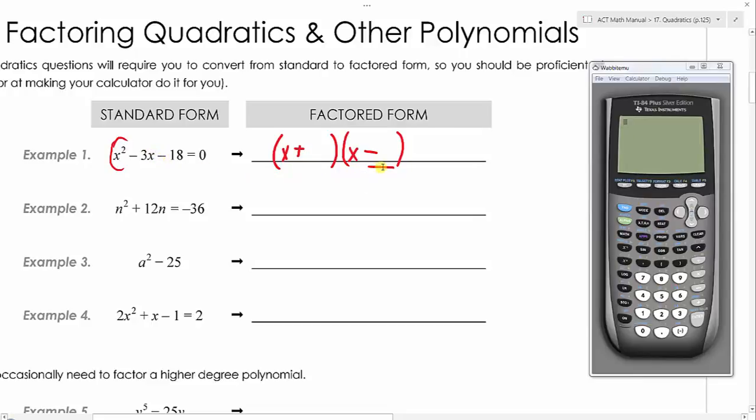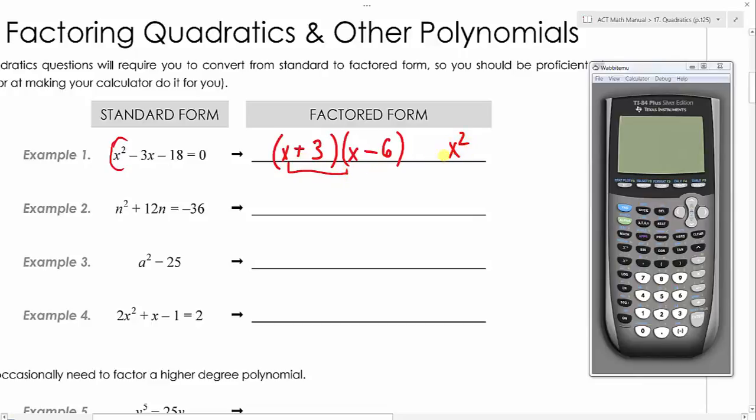So now I am looking for two numbers that will multiply to give me this negative 18 and that will add to give me this negative 3, and it should be pretty clear what those are. It's going to be a positive 3 and a negative 6. And when I do this, I always want to just check to make sure. So I'm going to FOIL this back through. The x times the x will be the x squared.